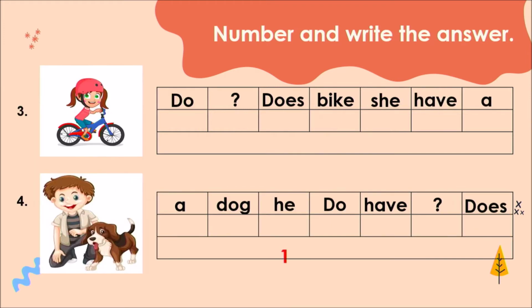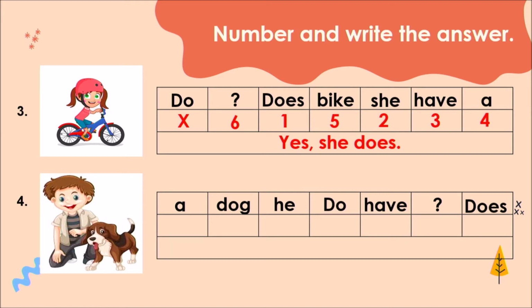Okay, next, number 3. Does she have a bike? Then, the last one is the question mark. Then you may answer it by, yes, she does. Okay, look at the number 4 picture. Look at the boy.